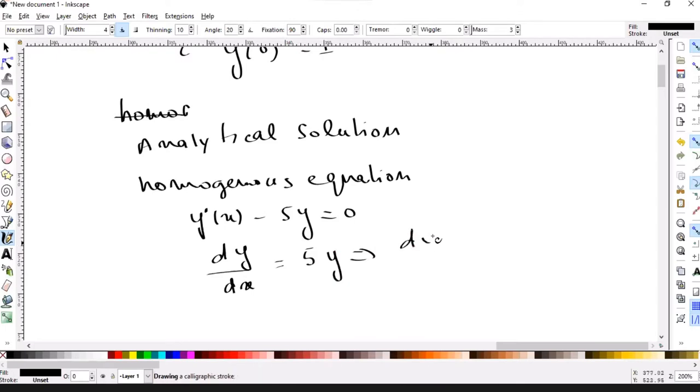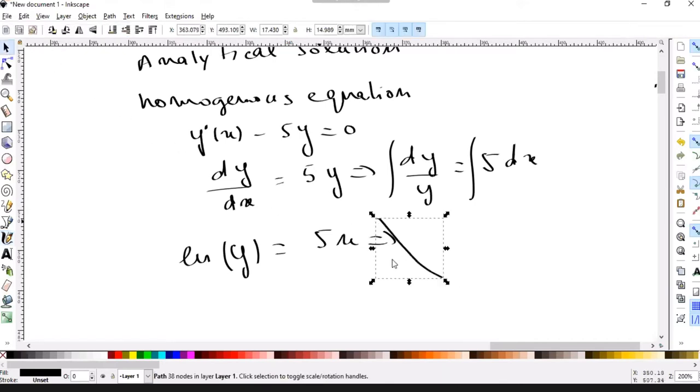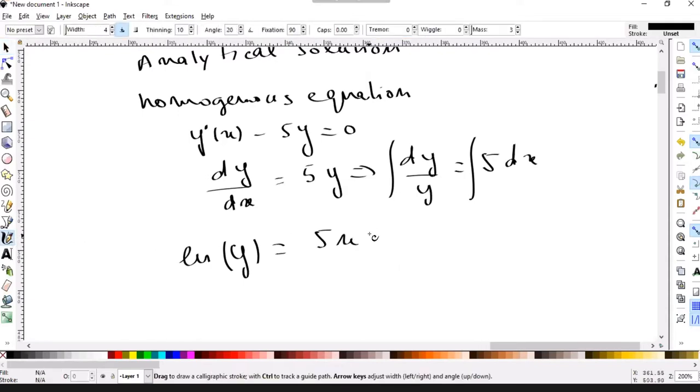So dy over y is 5 dx. So now when you integrate, you get log of y is 5x plus some constant, and y is exponential c exponential 5x. So this is k exponential 5x.